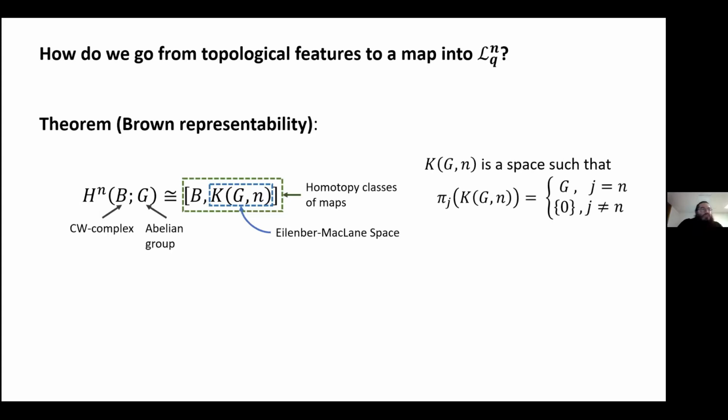And just as a quick reminder, the Eilenberg-MacLane space K(G,n) is a topological space whose homotopy is concentrated in degree n, and the homotopy group corresponds to a group G. The basic idea is that we're going to take a cohomology class, and out of that, we're going to construct a classifying map that takes our base space B into one of these Eilenberg-MacLane spaces.